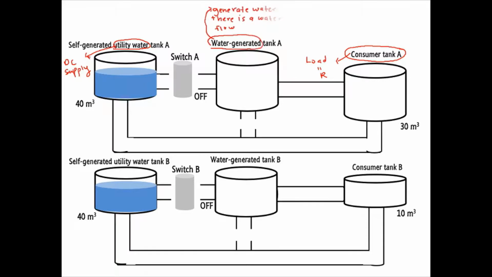In this system, the water-generated tank can generate water when there is a water flow. This tank acts as water storage of the system. Hence, this tank will represent the inductor, because the inductor will store a magnetic field when there is a current flowing through it.